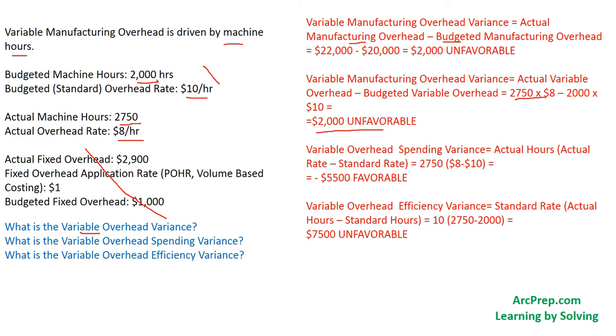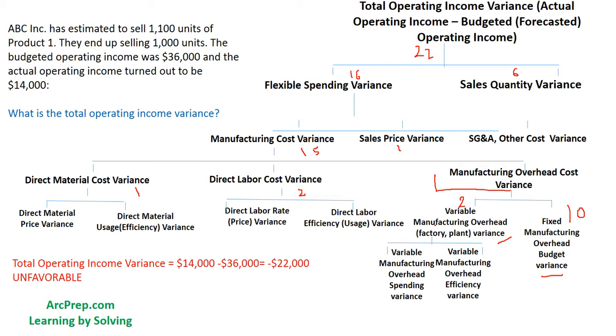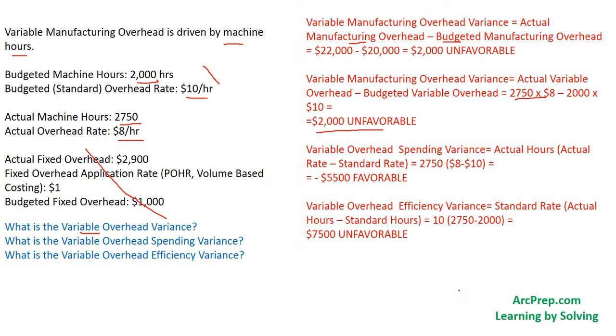Now we can further split this 2,000 into spending variance versus efficiency variance. From a spending perspective, we are actually spending less, so it's a good thing, but we are operating much more machine hours, so we are ineffective from that perspective.